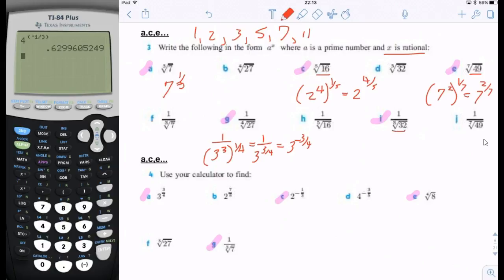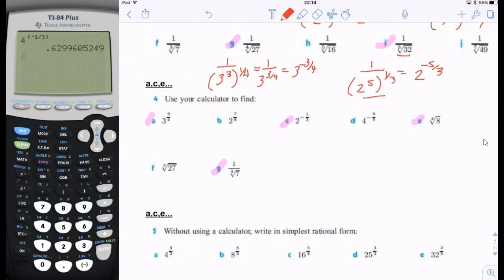This one here is 1 over the cube root of 32. 32 in a prime number base would be 2 to the 5th, so 2 to the 5th to the 1/3 is equal to 2 to the 5/3, and then I would make it negative because it's in the numerator now, right? Because this is 2 to the 5/3 in the denominator, so I'm going to put it in the numerator with a negative sign.